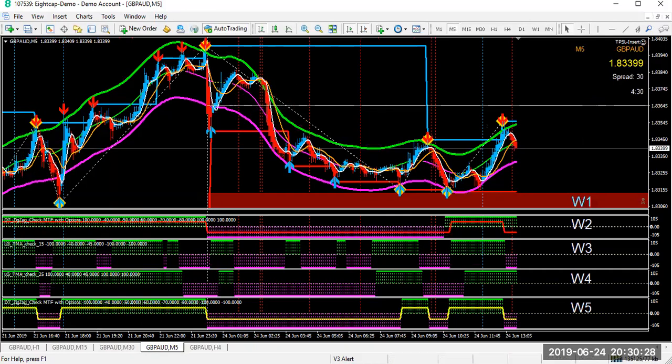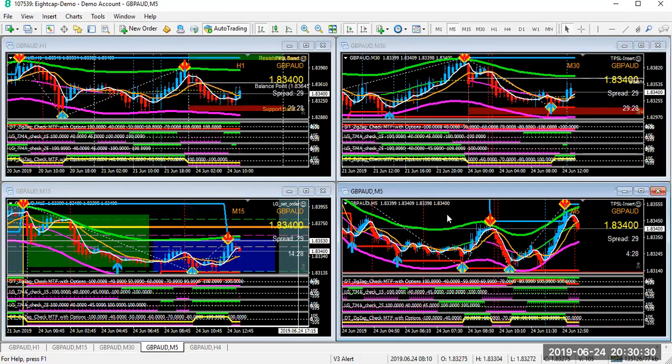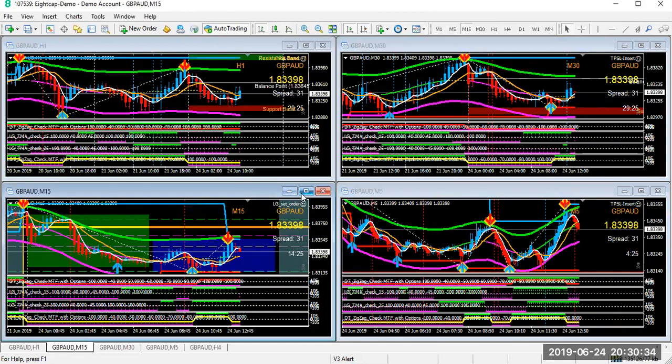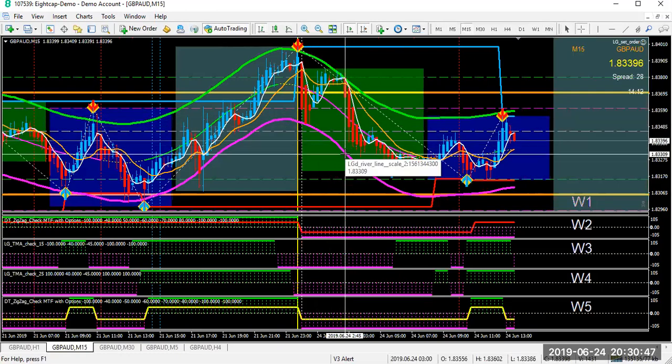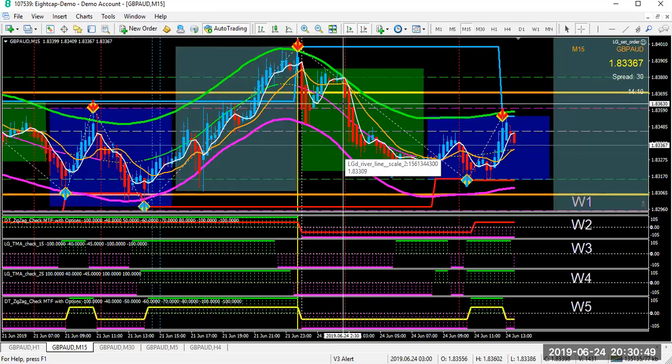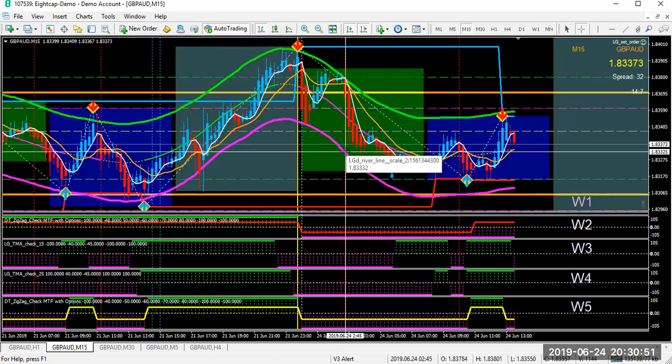So if we're just looking for one trade opportunity per day, we had a few there in the 5 minute. A couple of presentations here. But once again, if this is confirmed, this vertical line where I put the crosshair, this is the minimum target.